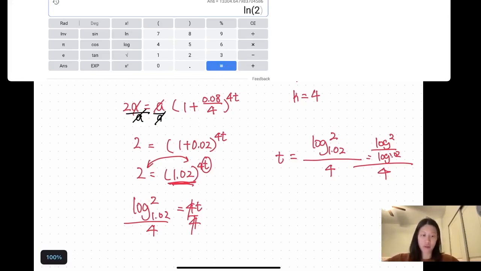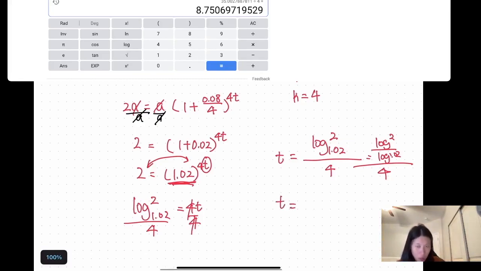So ln 2 divided by ln of 1.02, which is equal to our numerator, and now we divide it by 4, that is 8.75.